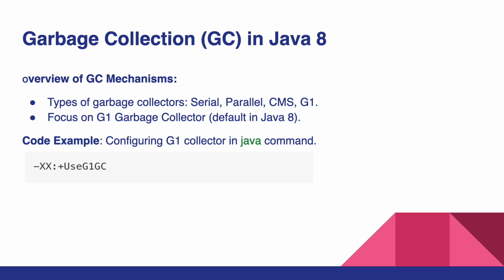By configuring G1 GC with options like plus UseG1GC, we can minimize pause times and optimize performance. Later, we will explore practical examples for tuning GC settings to meet specific application needs.